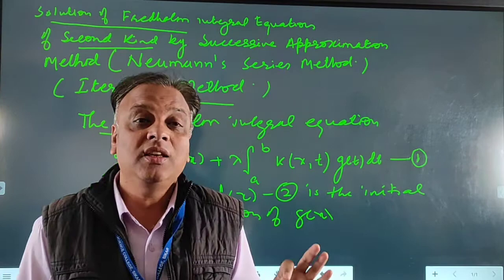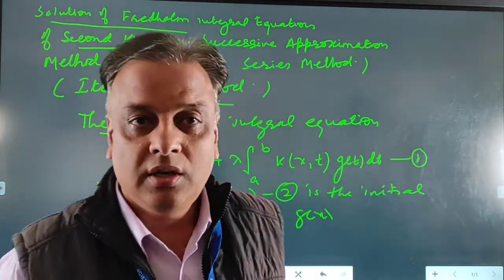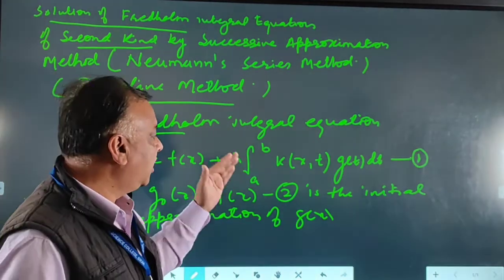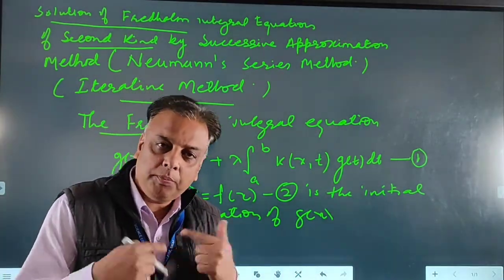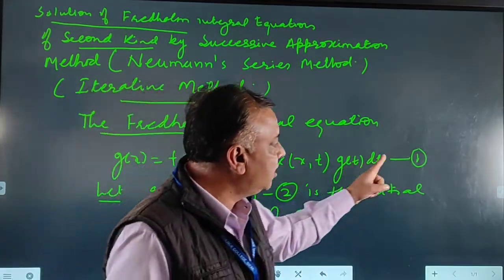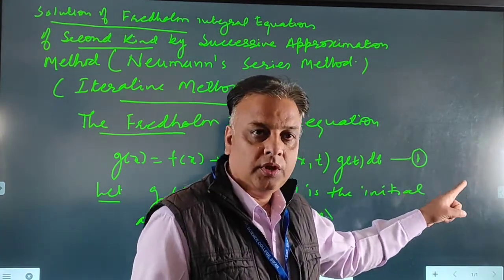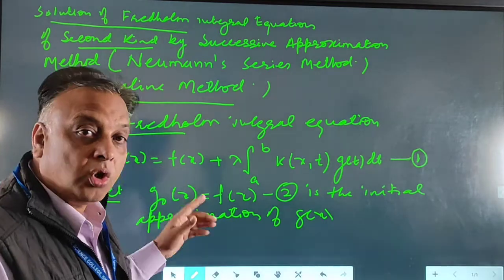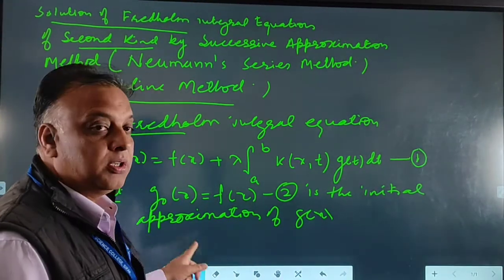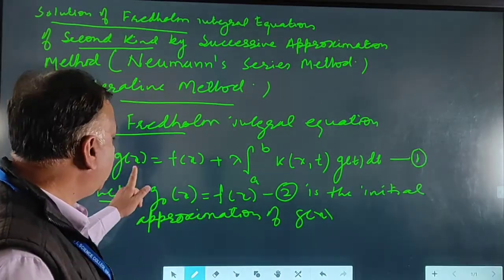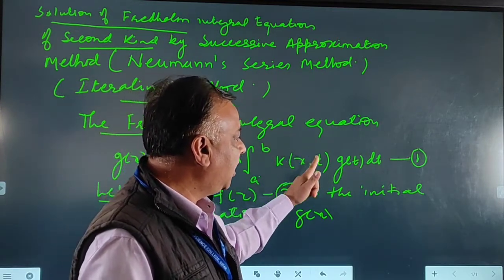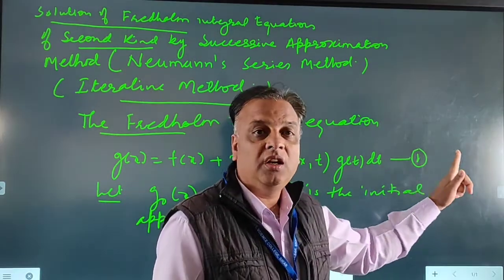Now when we find the first approximation g1(x), if we put g1(x) in equation number 1, then we get the second approximation g2(x) = f(x) + lambda integral a to b K(x,t) g1(t) dt.